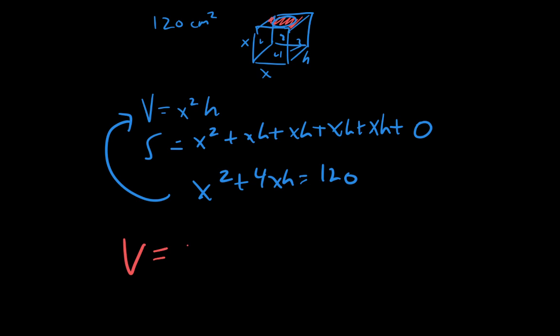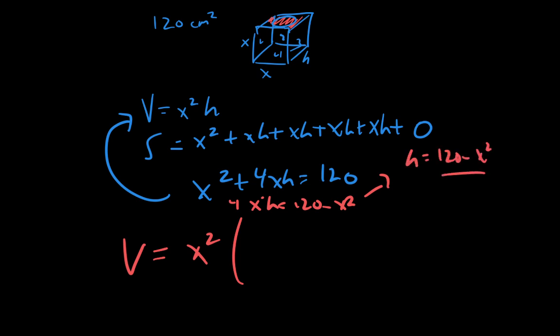Volume is equal to X squared times, well, we're going to have to solve this one for H. 4XH is equal to 120 minus X squared. That means H is equal to 120 minus X squared over 4X.